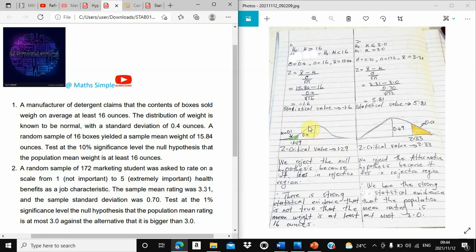Where we don't shade is where we do not reject, the acceptance part. Since our 1.6 will be somewhere in this shaded part, we reject the null hypothesis because it lies in the rejection region. Statistically, we can say there is strong evidence that it is not true that the mean weight is at least 16 ounces.